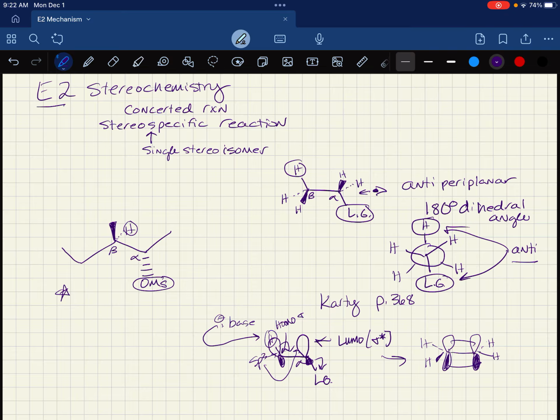The other thing I want to do here is just show the transition state before we go through and draw out the mechanism, showing how to do the stereochemistry.